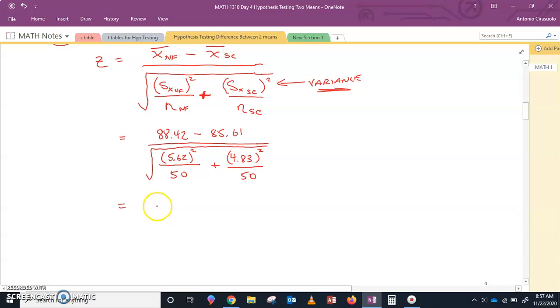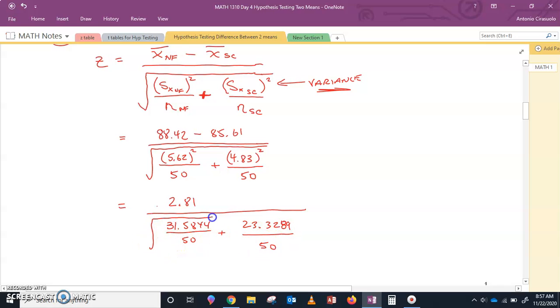Okay, I got the following. So the difference on top ends up being 2.81. And then the value for squaring 5.62 is 31.5844, and that's over 50, plus 23.3289, and that's over 50 as well.